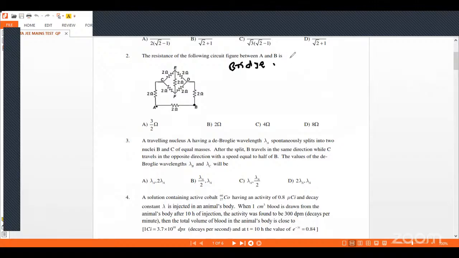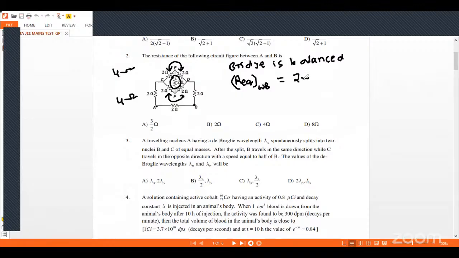So no current will flow in the galvanometer resistance, that is between E and F. So for the equivalent resistance in the Wheatstone bridge, these two resistors in the upper branch will be in series, so we'll get 4 ohm. Similarly, the lower branch is also in series. Both the 4 ohm are in parallel, so the equivalent resistance in the Wheatstone bridge will be 2 ohms.